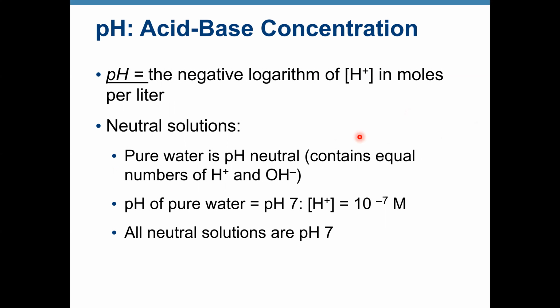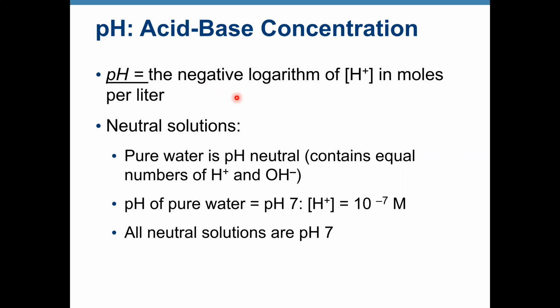So we use the pH scale to assess the concentration of hydrogen in a solution. So what is the pH scale? The pH scale is a negative logarithm of hydrogen ion concentration in moles per liter. When it says negative logarithm, it means when the number goes up, actually pH goes down. So they are kind of opposite to each other, right?